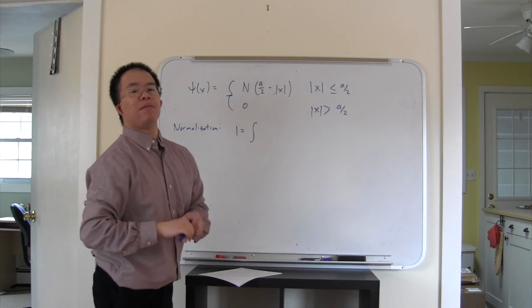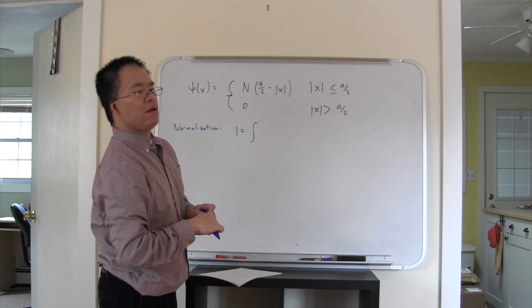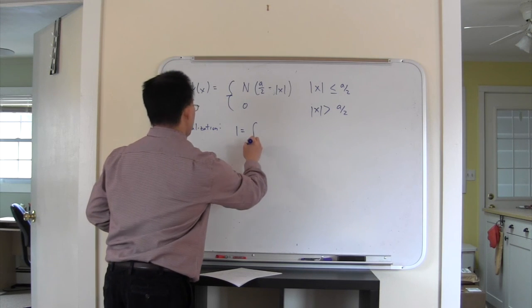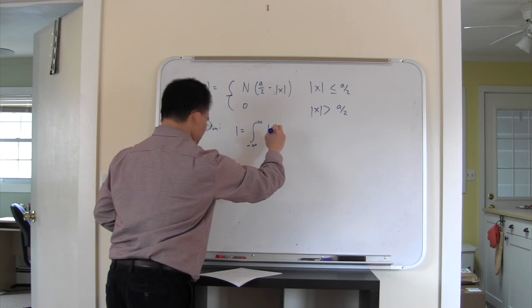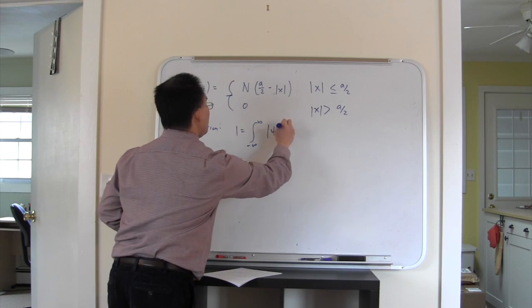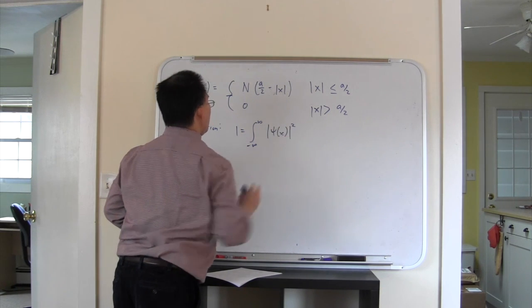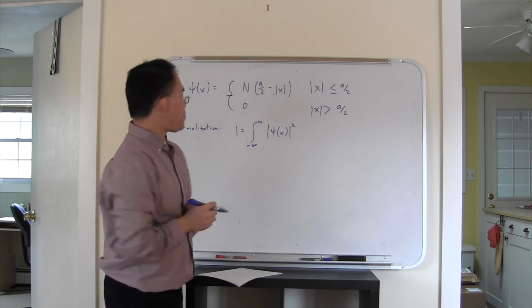the integral of our probability density over all of space dx is equal to 1.